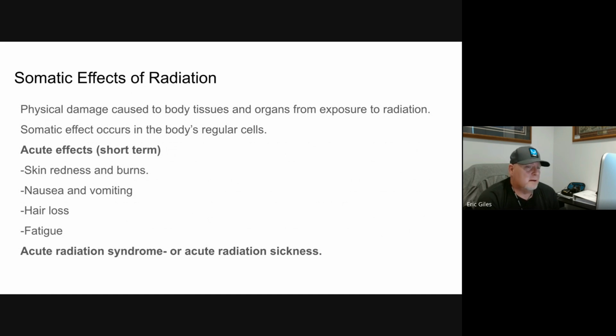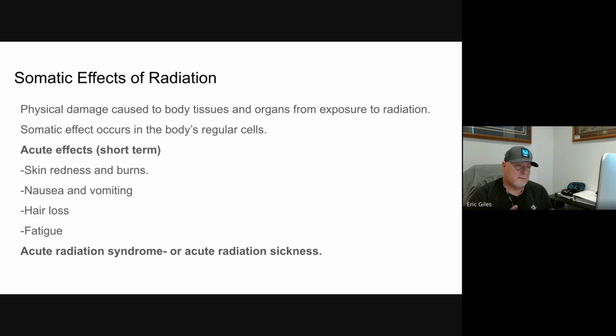Now, I want to qualify this by saying we're not dealing with this much radiation. We're not going to see these acute effects with what we are doing. If somebody is undergoing radiation therapy for cancer, they may see some of these.